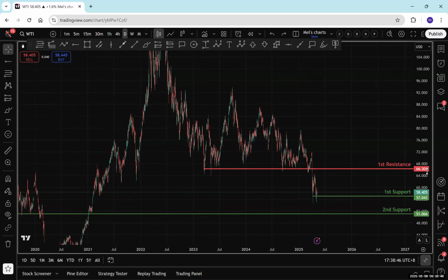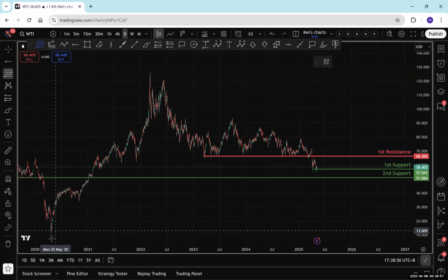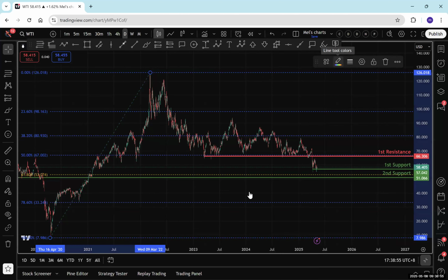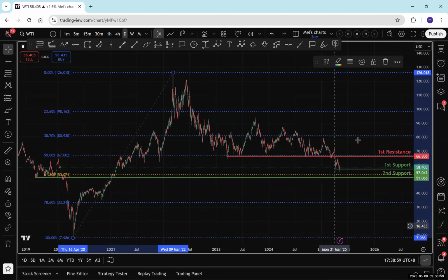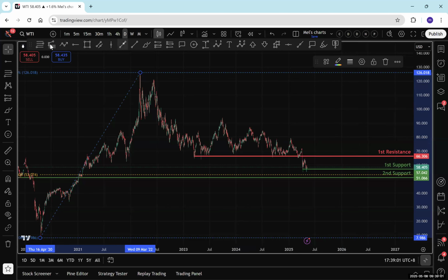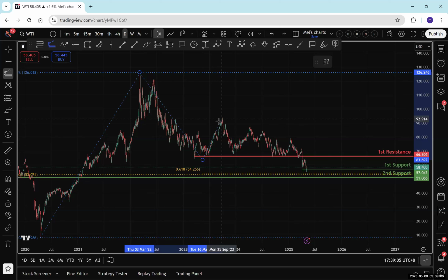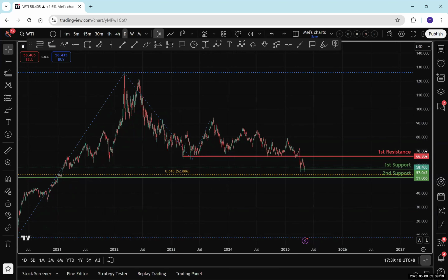Now going in with Fibonacci levels once again, I'm starting with a retracement. My 61.8 lines up. Let's see if there's a projection here. Okay, 61.8 lines up with our second support again.